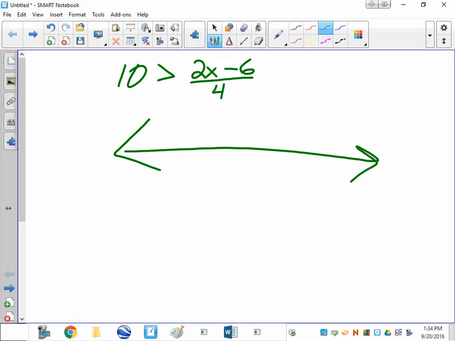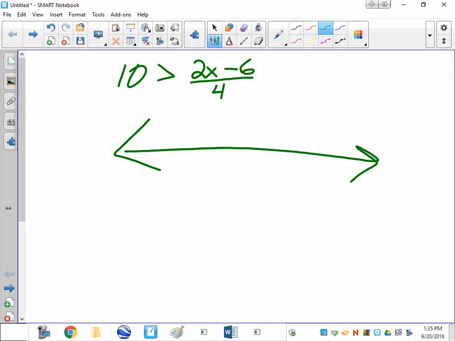But if I'm going to peel this back from the outside in, what do I move first? The 4, and then the 6, and then the 2. According to order of operations, the first thing that hits the x is a 2, the second thing is negative 6, and the third thing is the 4. When we pedal backwards, we're going to undo the 4, and then the 6, and then the 2.